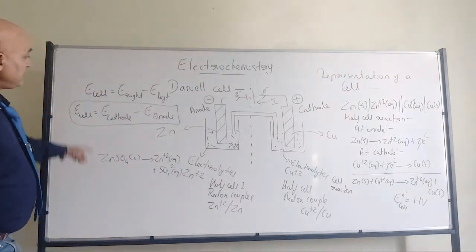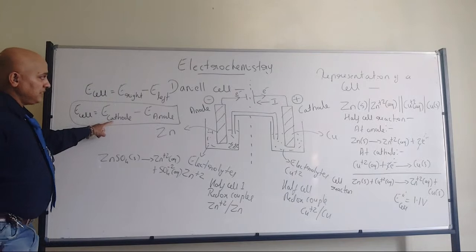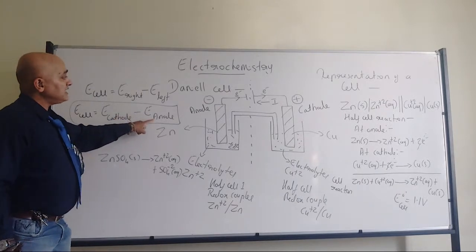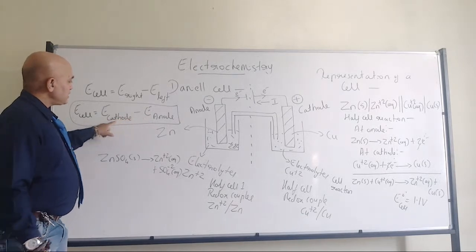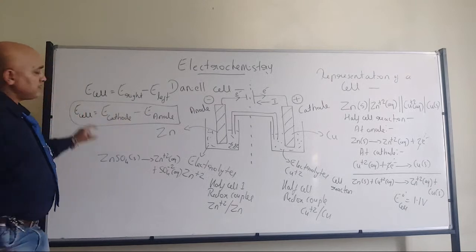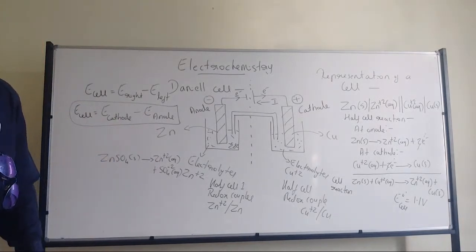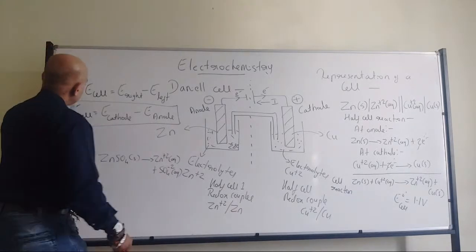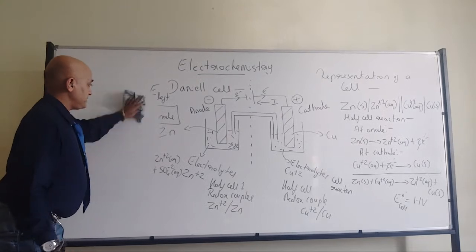But when we are calculating the cell potential, the right hand side, that is the cathode, is written first, then the anode. Whatever half cell potentials are given have to be filled in here, and you have to calculate the cell potential. Okay? All of you have understood? So that is how a cell potential is calculated.